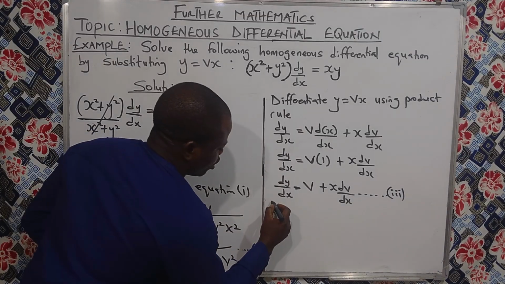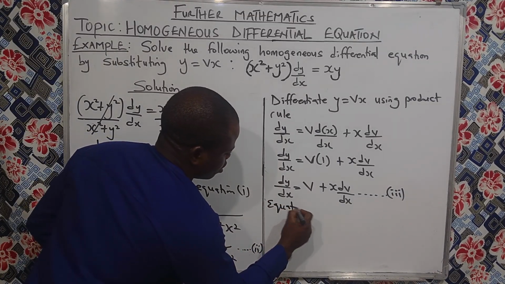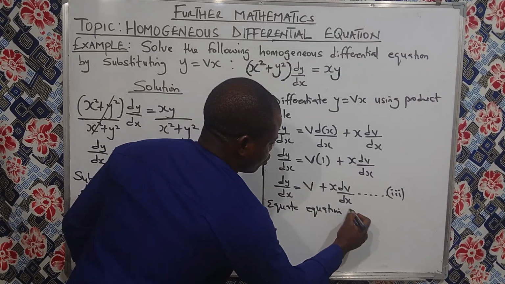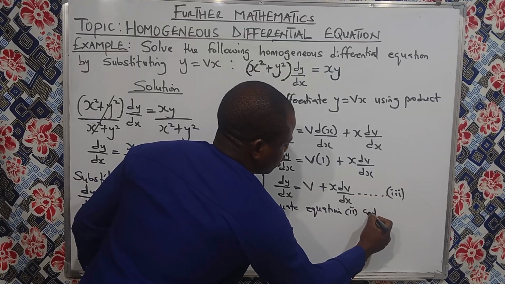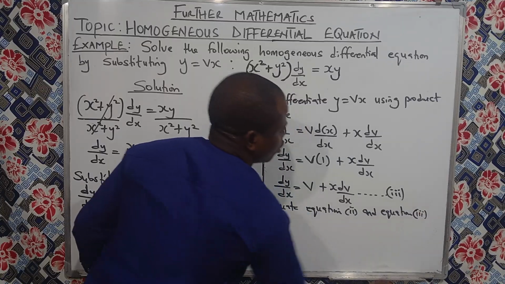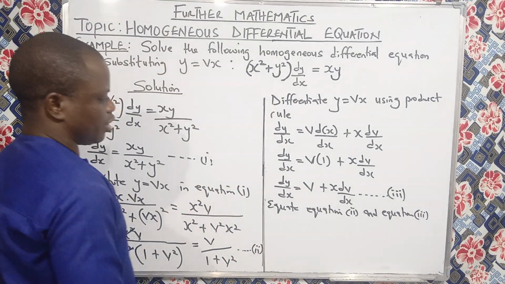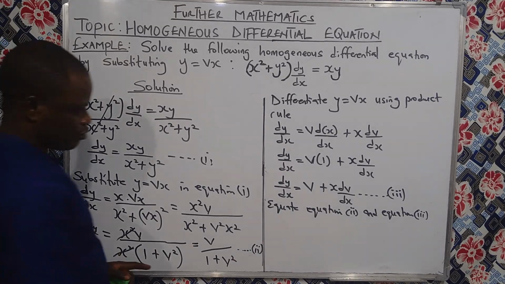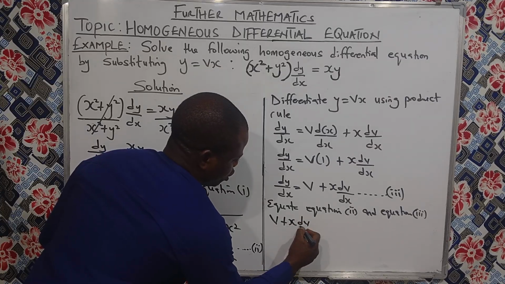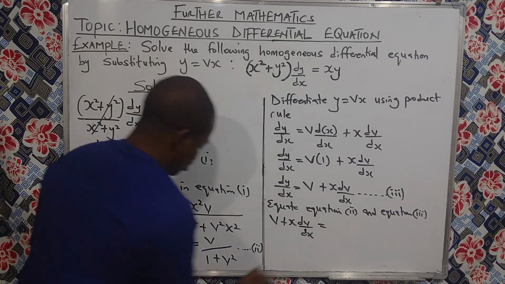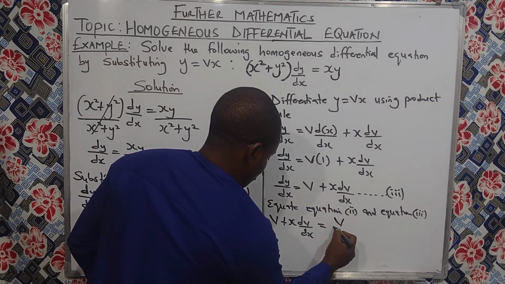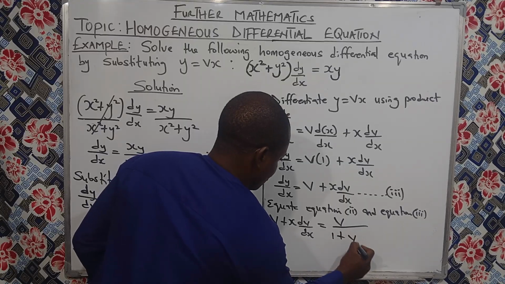You can now equate equation 2 and equation 3. When you do that, you now have v plus x dv over dx equals what you have here, v over 1 plus v squared.